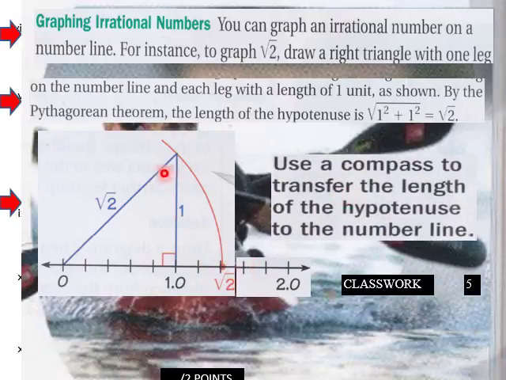So you can use a compass to do that. That's kind of a constructive way of doing it. You draw the triangle here, stretch out your compass to this, and then bring your compass down onto the number line. There it is there.